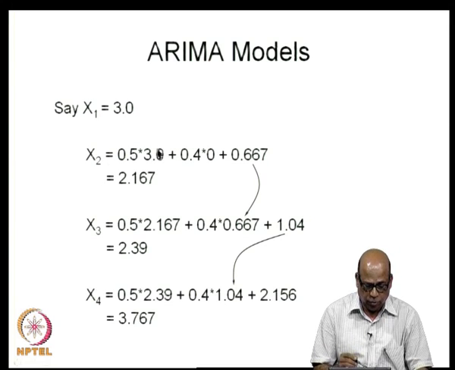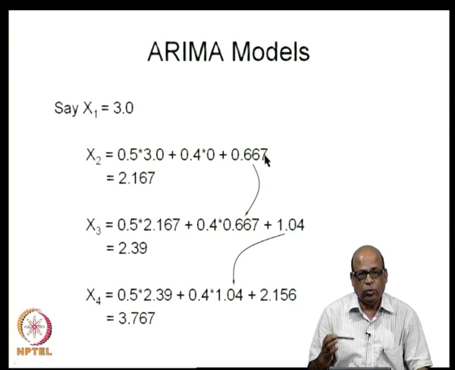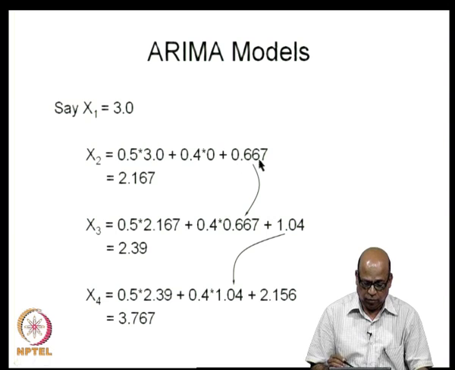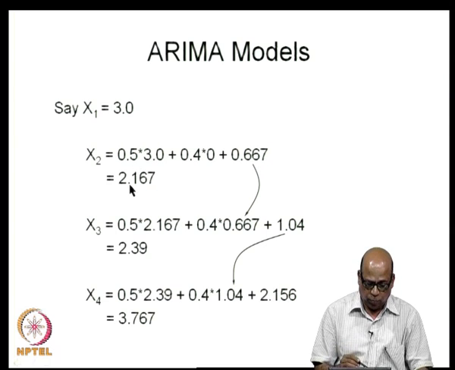So, I get x 2 is equal to phi 1 into x t minus 1, which is phi 1 into x 1, plus theta 1 into E t minus 1. To begin with, there is no E t minus 1 here, therefore, it is 0, plus E t. Now, this is the E t term that I am choosing from a set of numbers which have 0 mean and they are all uncorrelated. So, this is 0.667, I get 2.167.